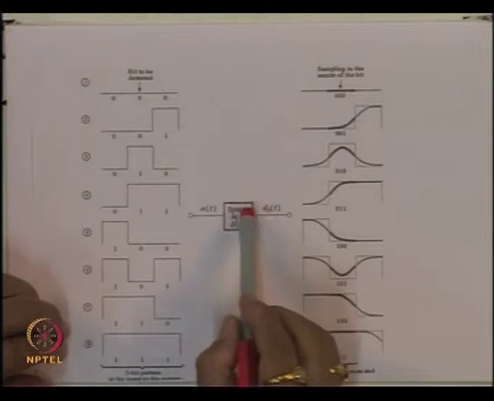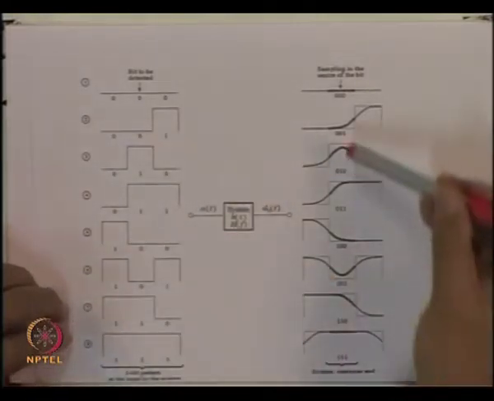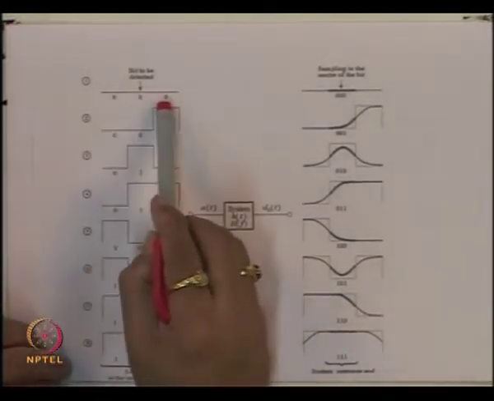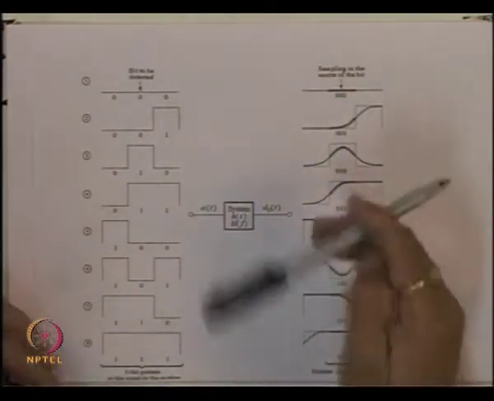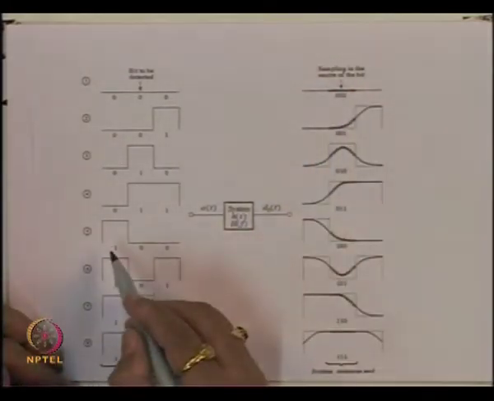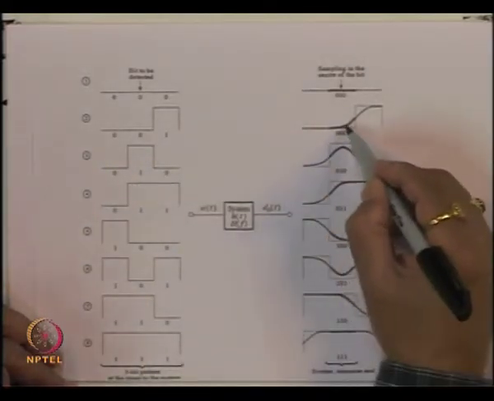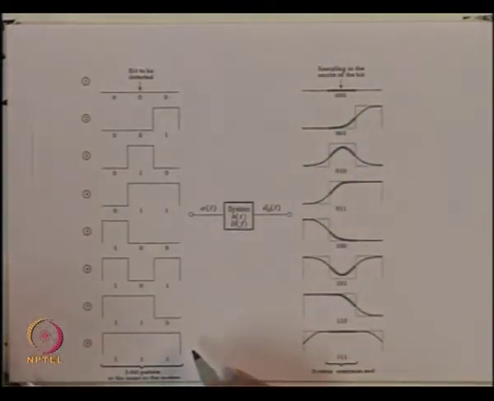And if this pattern is passed through the optical receiver, then at the output we will get a signal which will look something like this. If the bit pattern is 0 0 0, then the level will remain 0 like this. If the bit pattern is 0 0 1, then it will remain 0 here, but then it will start rising. So, you will get a function which will look like that.